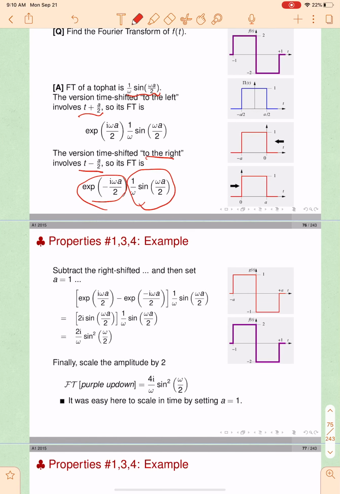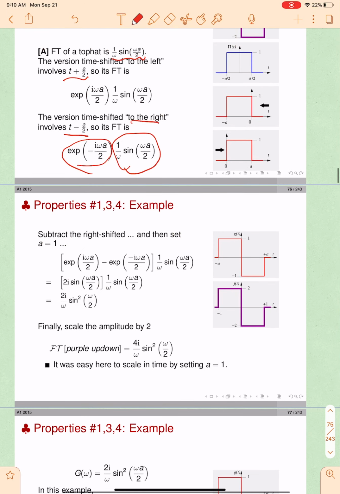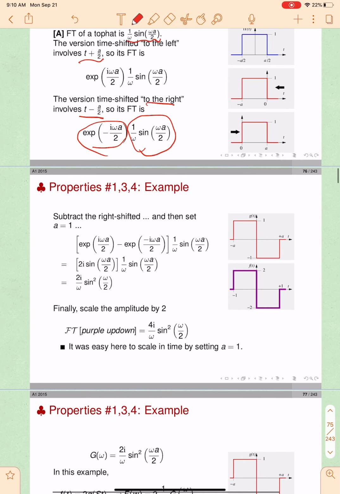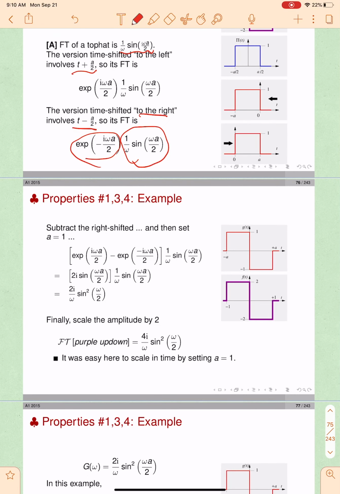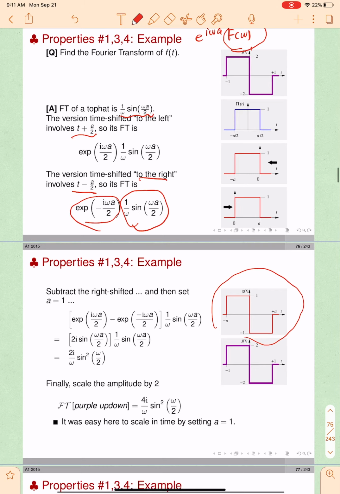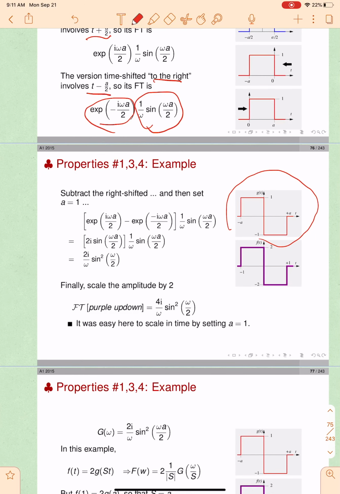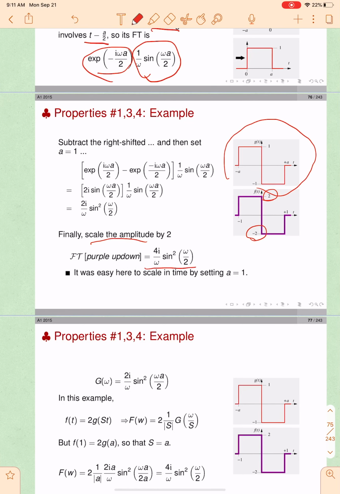And this expression is just the Fourier transform of the top hat. Subtract the right shifted. Okay, so now you will get a graph that looks like this. So you just subtract those two, delay to the left and to the right equations, and scale the amplitude by 2. You will get a formula like this.